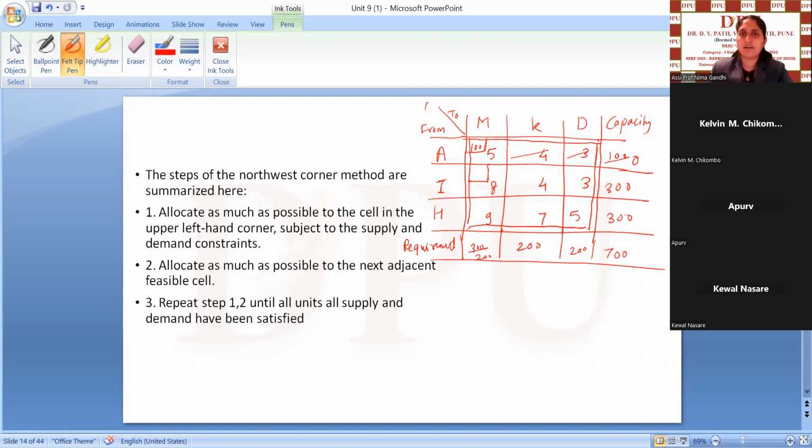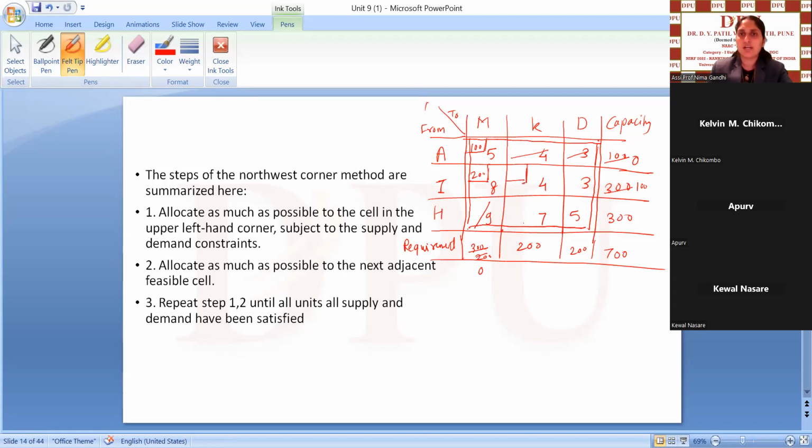The minimum is 200, so I'm writing 200 here. Now Mumbai's requirement is totally fulfilled, so you cancel this, and out of this 300 you have already supplied 200 units. So the remaining 100 units are available for supply. The next is this cell, so we are making one square here.